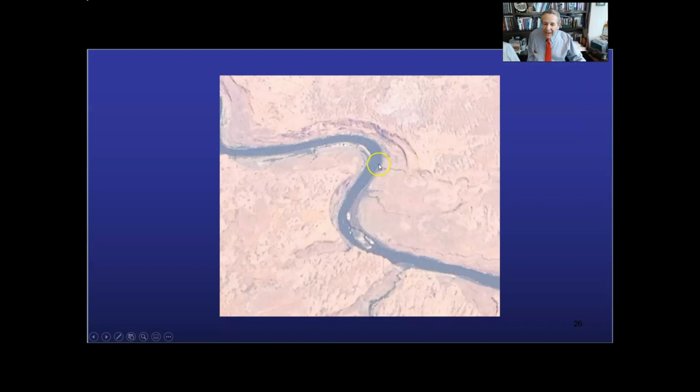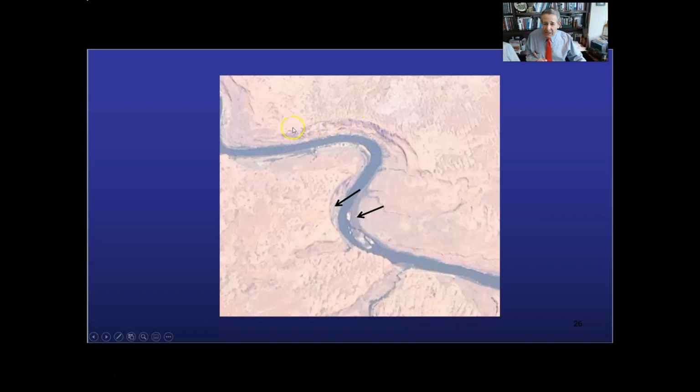Here where the water is going slower, that's where you deposit silt. Where the water is flowing faster, you carve a canyon into the mountain.